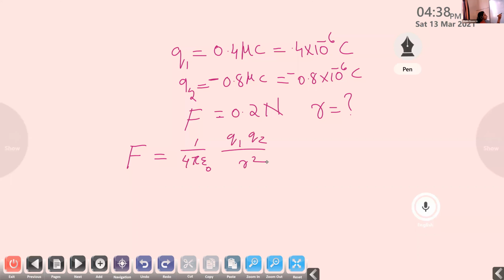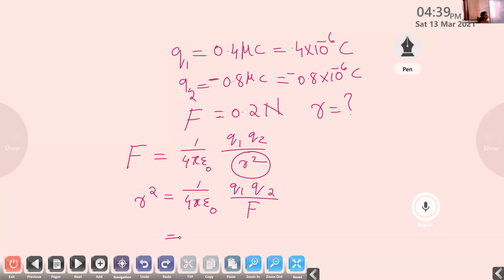But here we want to find R square, so we rearrange the equation. R square is going to LHS and F comes to RHS. So R square is equal to 1 by 4 pi epsilon 0 Q1 Q2 divided by F.